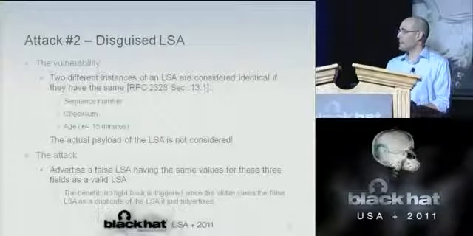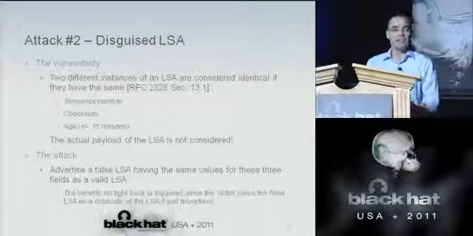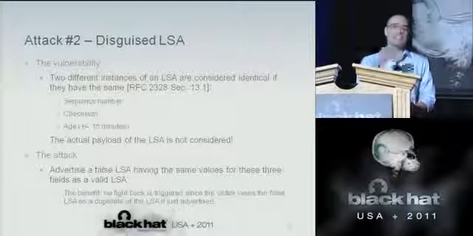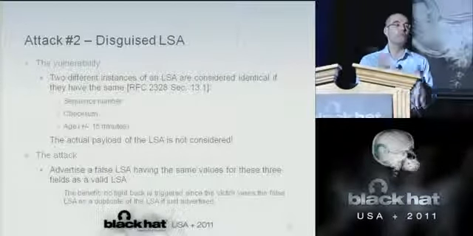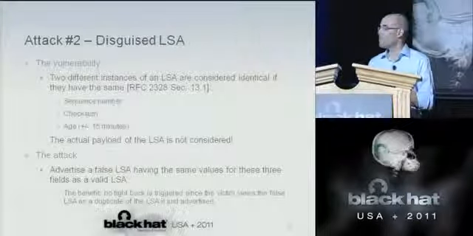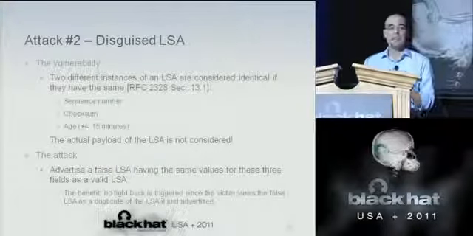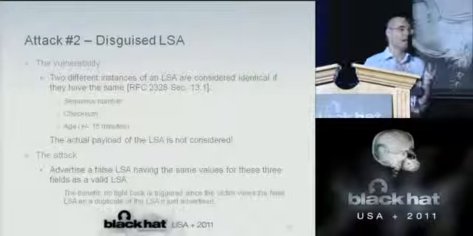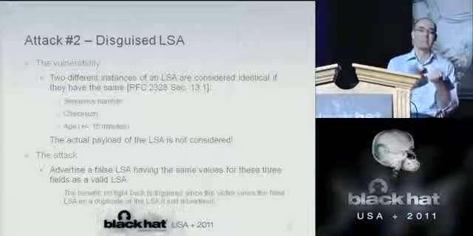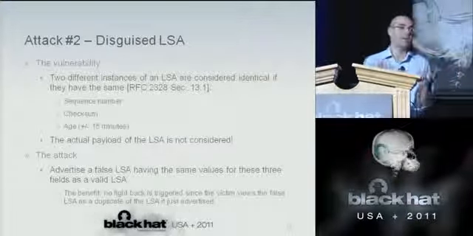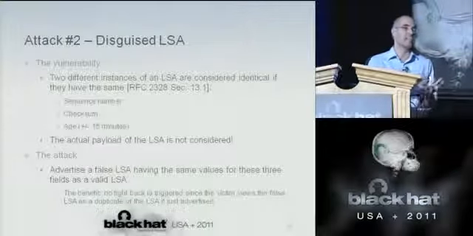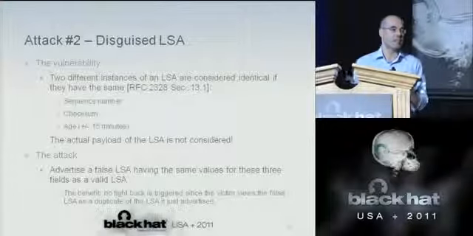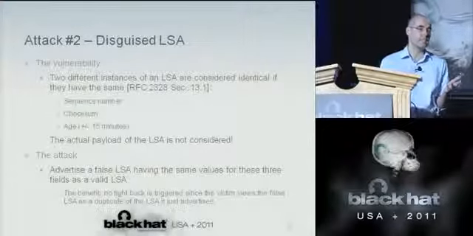The attacker can advertise a false LSA on behalf of a victim router while disguising the false LSA as a valid LSA. This has the remarkable benefit that if the victim router now gets this disguised LSA, it will simply ignore it and regard it as a duplicate of the valid LSA it recently originated.